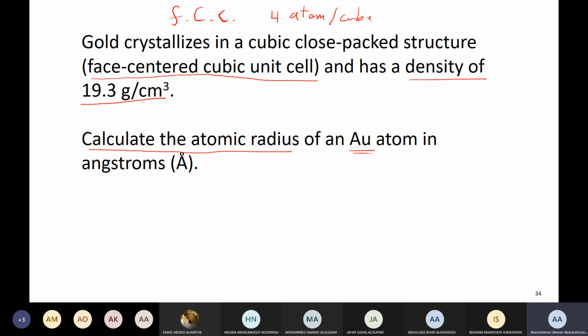Now, if we have 4 atoms, then what's the mass? 4 times 196.97. Okay, what's the total now? 788. 788 amu. Can you change it to gram?